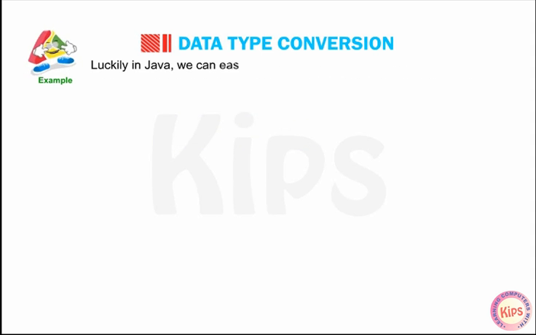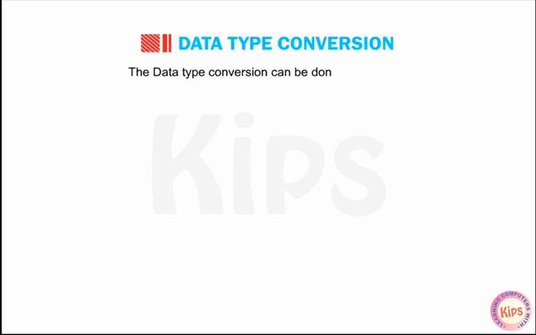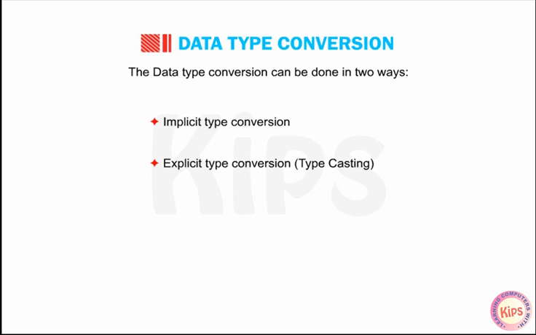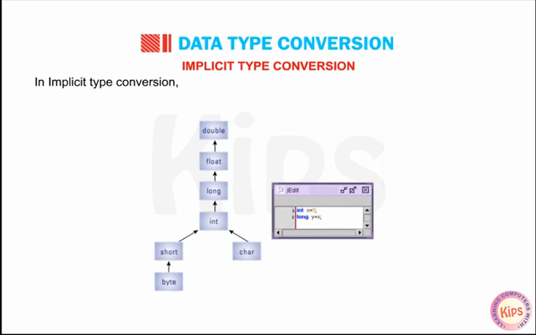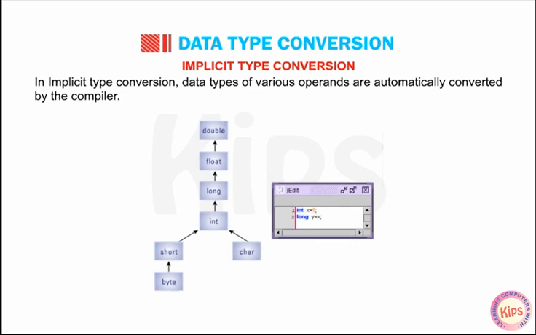Luckily, in Java, we can easily convert the data type depending upon our requirement. The data type conversion can be done in two ways: implicit type conversion and explicit type conversion, or typecasting. Implicit type conversion. In implicit type conversion, data types of various operands are automatically converted by the compiler.